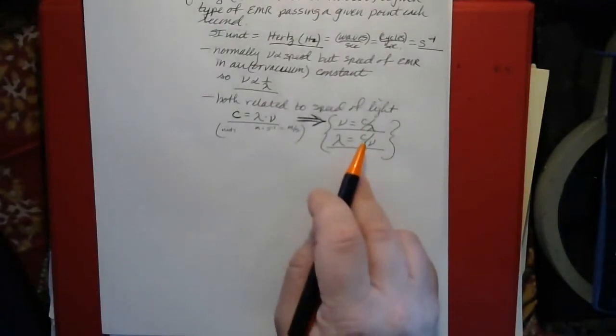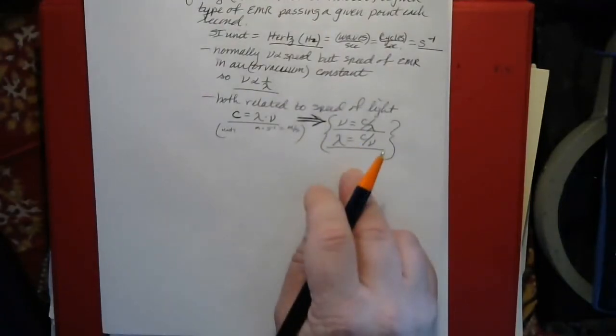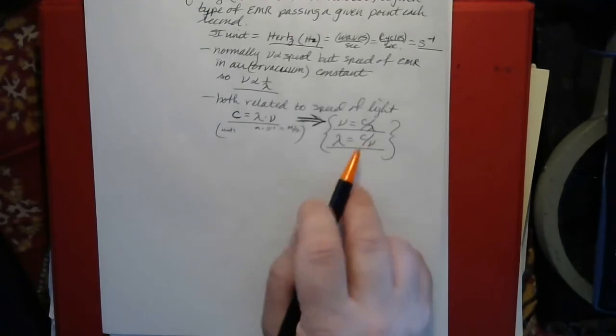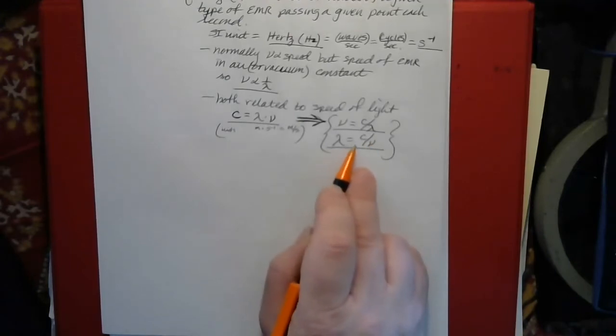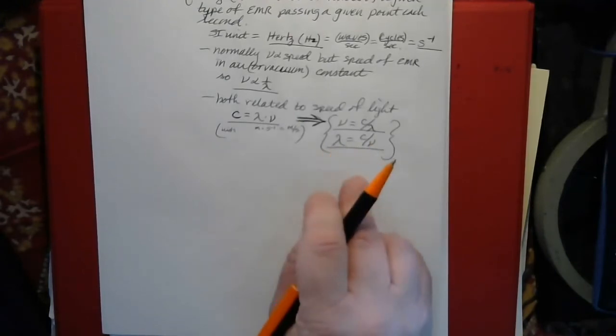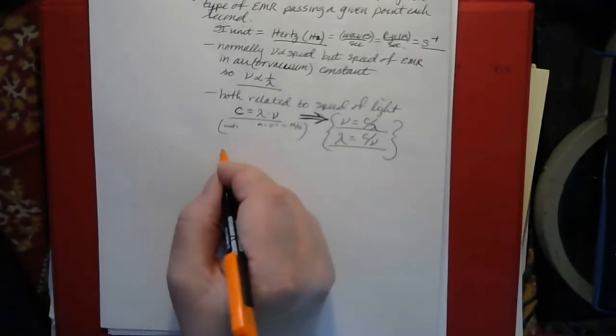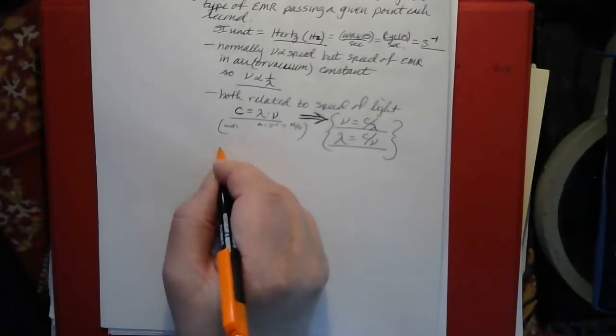And using that number, 91.3 megahertz, well, you'd have to change the mega to a number, so it'd be 91.3 times 10 to the 6th hertz. You can actually use that number in this equation here to find the wavelength of that station. And in fact, as long as we're at it, why don't we actually do that?